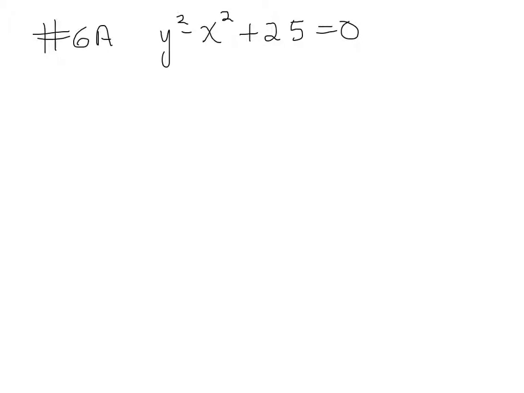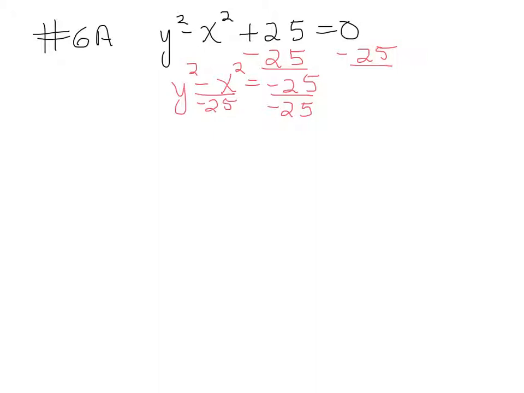So we move the 25 to the right, and that would be y squared minus x squared equals negative 25. Then we divide every single term by negative 25. And that will make it a 1.